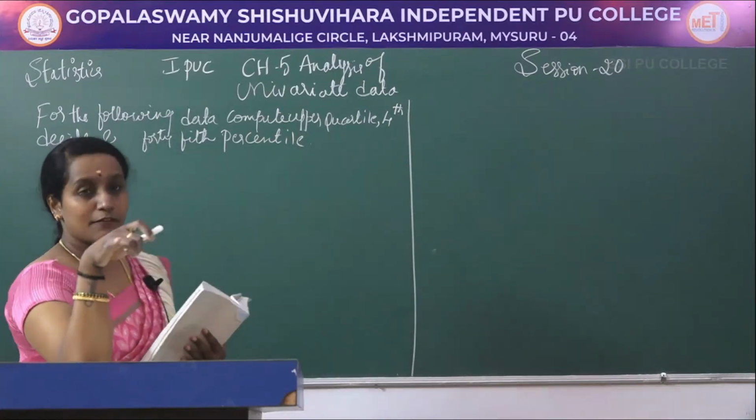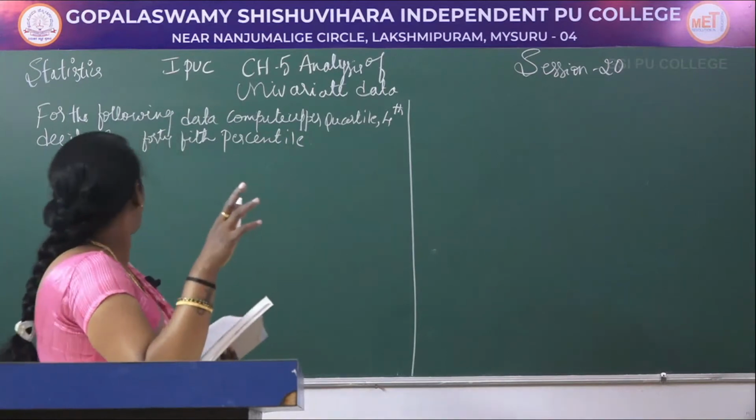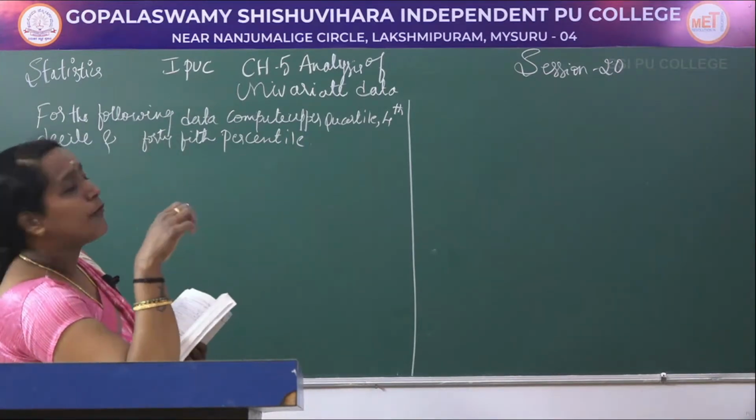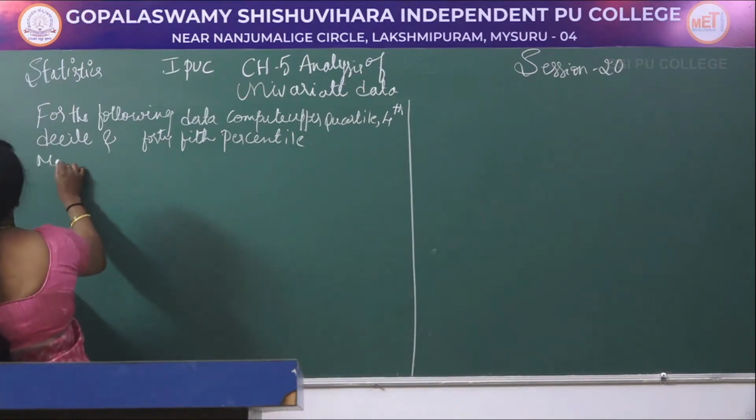We have to calculate the upper quartile. Upper quartile is nothing but Q3, then the fourth decile and the 45th percentile. Okay, this is the problem they have given.